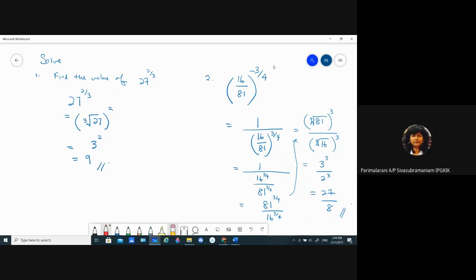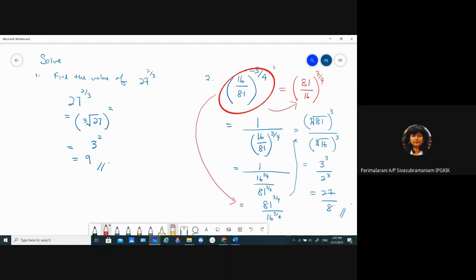Okay, so from this step here to here, there's a shortcut, right? We can see the shortcut straight away. That means if up here is the power of negative, then straight away it is 81 over 16 to the power of 3 over 4. So you can directly change from here.